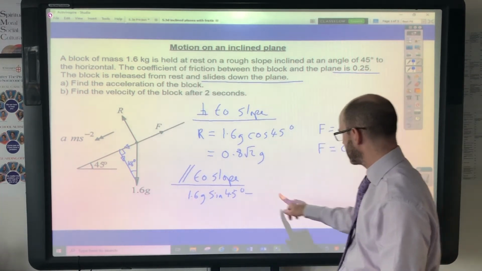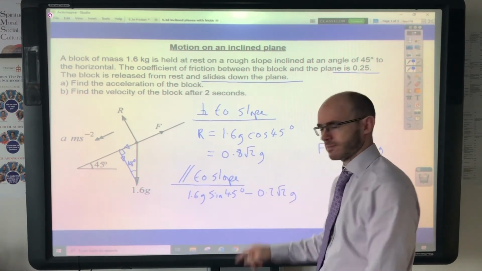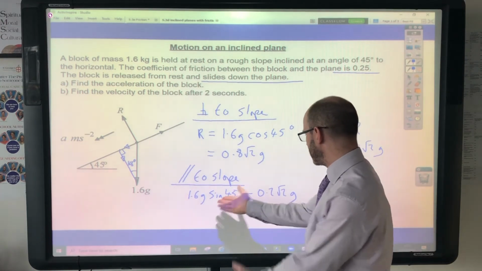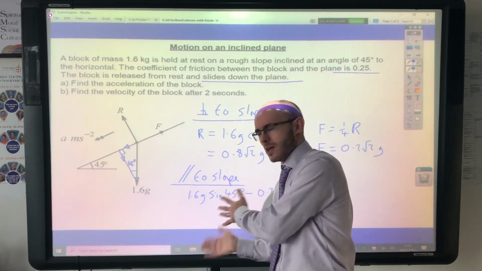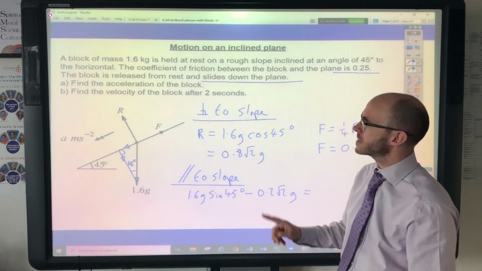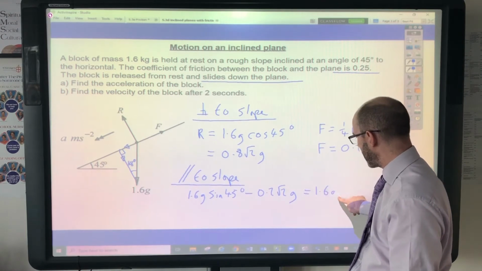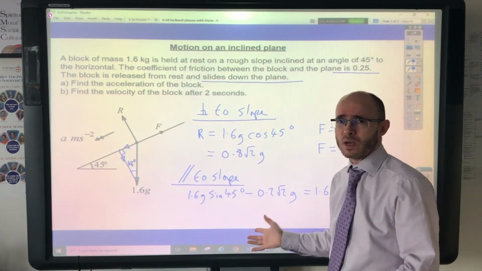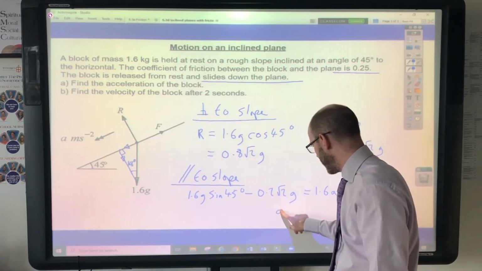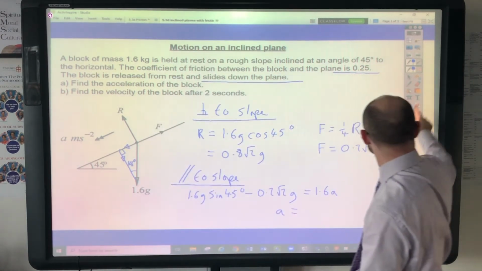It's 0.2 root 2 G. So you can see all written here, but we've got no unknowns there. These are just numbers. We can calculate those, and that's equal to the mass times acceleration, mass of 1.6, and A, the acceleration. The only thing we don't know is A, right? So that's quite nice, isn't it? What you want to do is work out the left-hand side, and then just work out what A is.